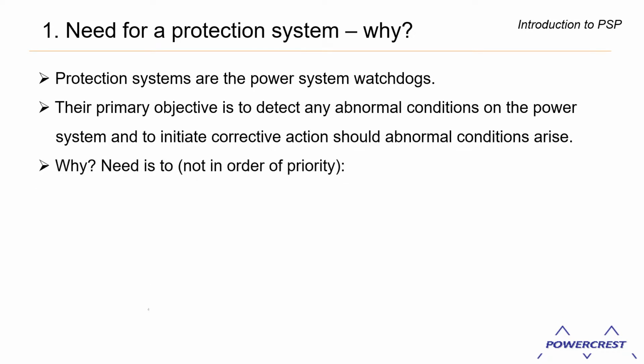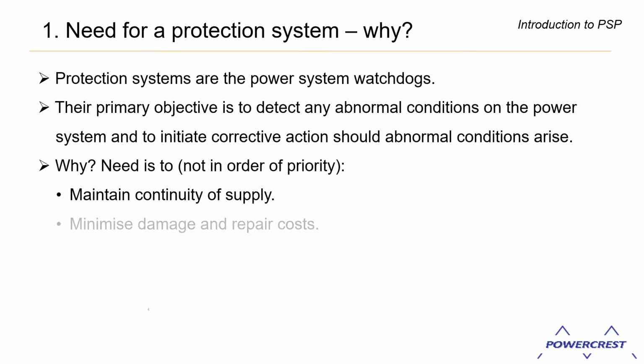Why? Well, not in order of priority. We have that the protection system should ensure that there is continuity of supply, right? If there is a faulted item, a faulted section of the network, that should be removed as fast as possible, usually, so that supply can still be maintained to the rest of the network.